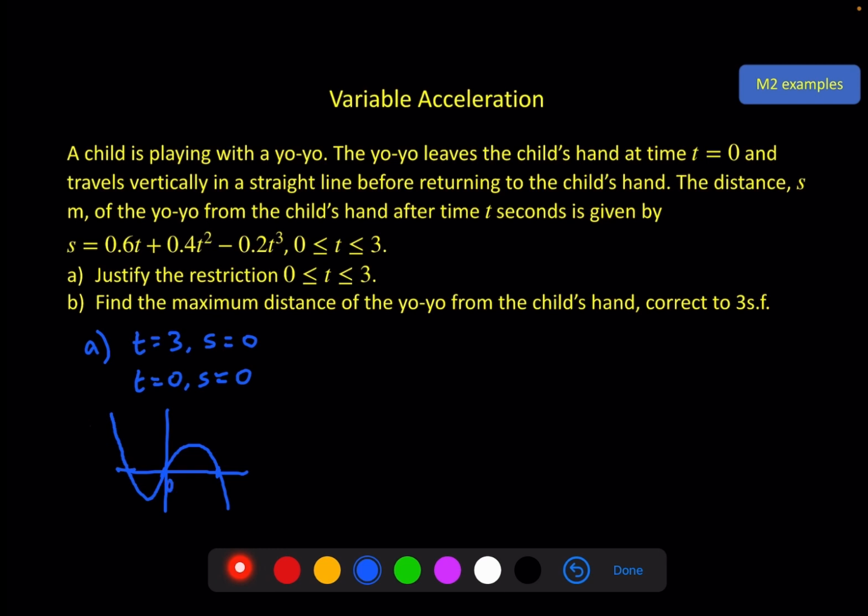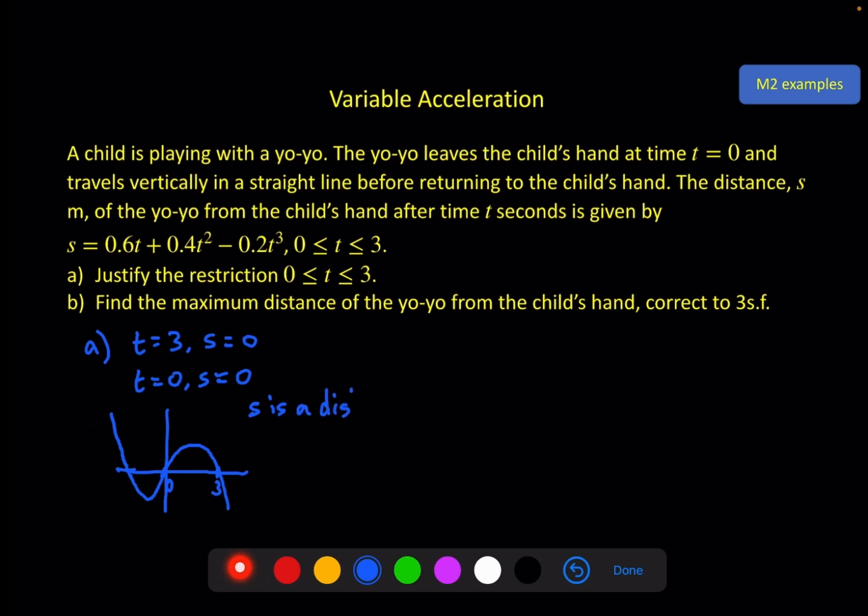So now I can say between 0 and 3 has positive distance values. Obviously we're not really interested in negative time, and anything above 3 we can see now that this is going to give us negative distance values, which we can't have because distance is a scalar.